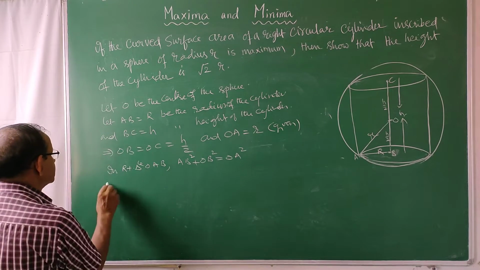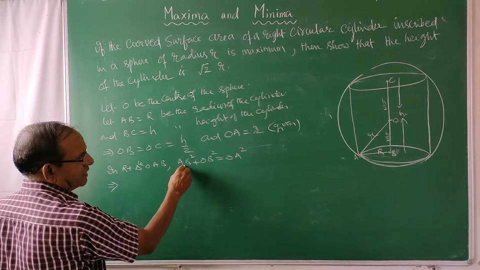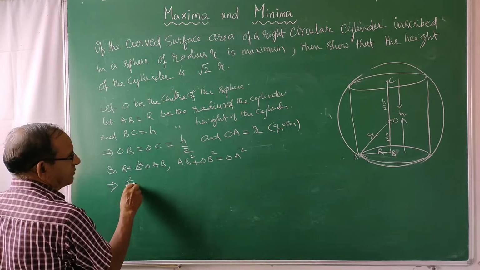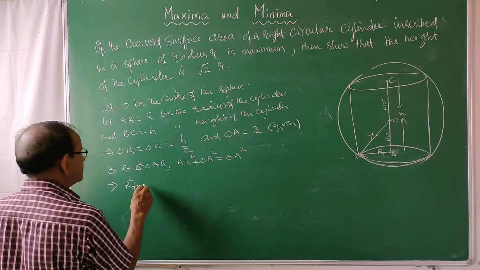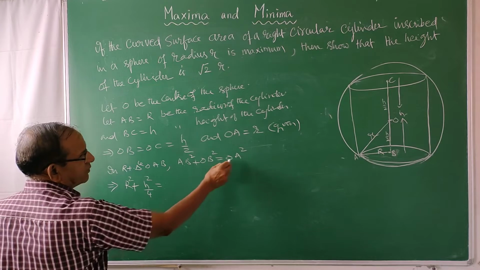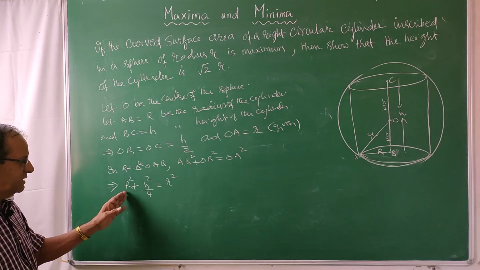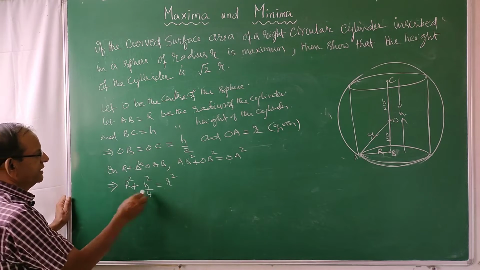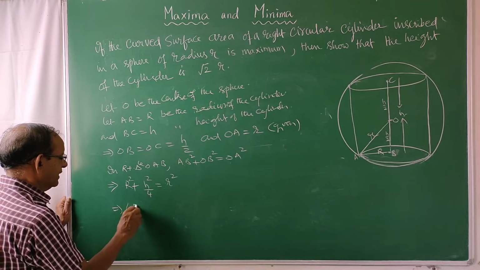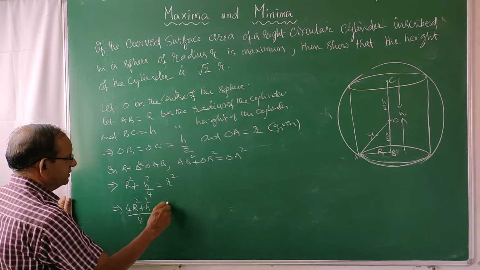That implies R square, AB square is R square, plus OB square is H by 2 whole square, means H square by 4, is equal to OA square, that is small r square. Now you take LCM first, 4R square plus H square by 4 is equal to r square.